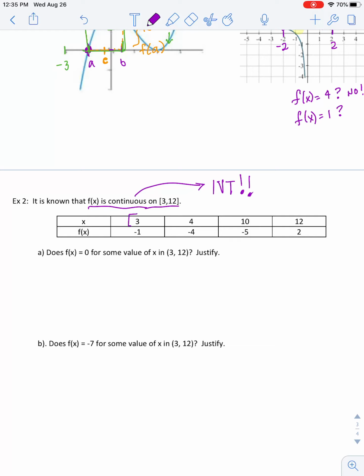Remember, here are our x values on the top row, and our y values are on the bottom row. So if I look in [3, 12], I can only look at the values that are listed here. I'm seeing that f of a is -1 and f of b is 2.